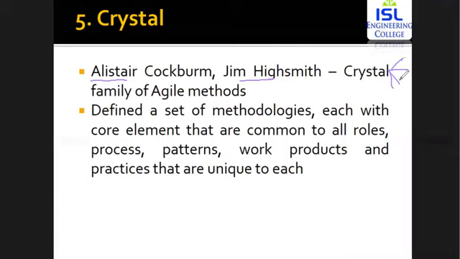These different models are based upon the different set of requirements, or you can say the different prioritization, and the time frame of the project that is to be developed. Based upon that, you're going to have different Crystal techniques that we're going to study today.